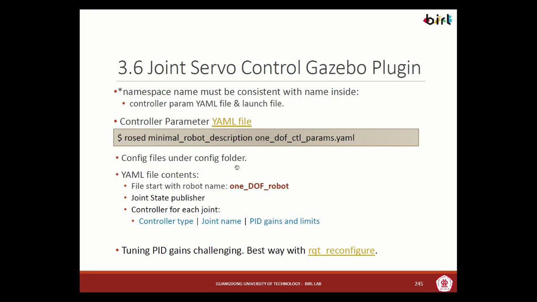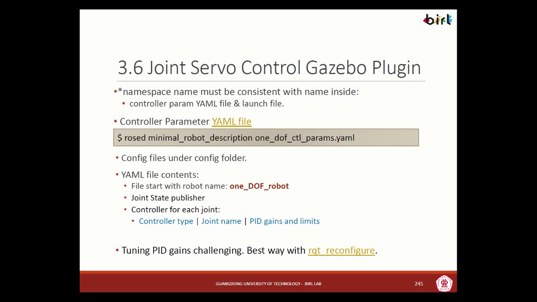And so we have a controller for each joint. We need to say the type, the name, the PID gains, and the limits. Tuning PID gains is challenging in general, and in ROS, the best way to do it is by using RQT reconfigure. We haven't studied RQT reconfigure yet.